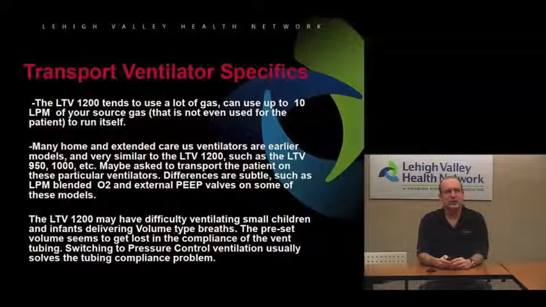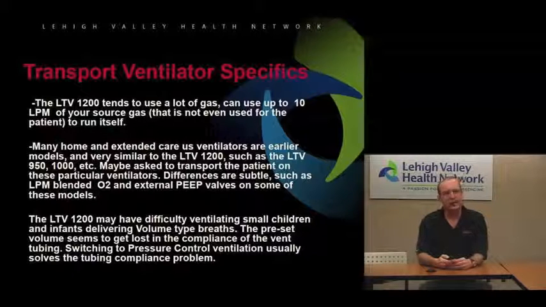So actually switching your patient to pressure control ventilation will usually solve that compliance problem. So if you're having problems, you switch, let's say, an infant over to your LTV 1200 and you're trying volume and their end-tidals go through the roof and their sats start to drop, well, obviously get them back on a bag valve, ventilate them back up, get your ventilator set to a pressure control setting, see what their peak inspiratory and their plateau pressures were at the referring facility.